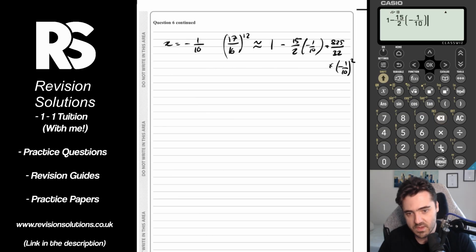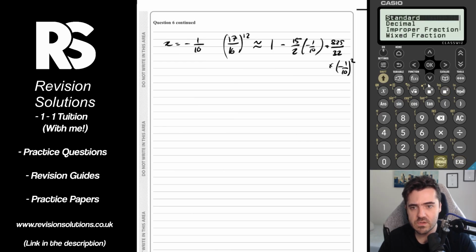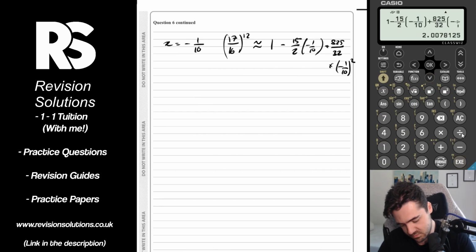Then we're doing plus 825 over 32 times minus 1 over 10 all squared. And we want it as a decimal, so let's turn it into a decimal. That's 2.0078 to 4 decimal places.